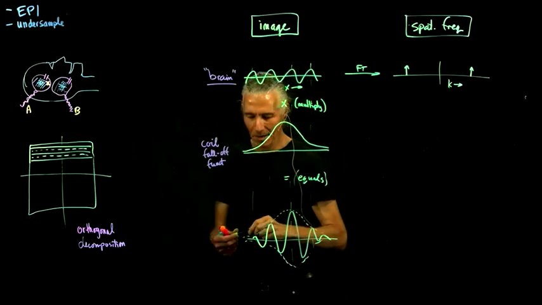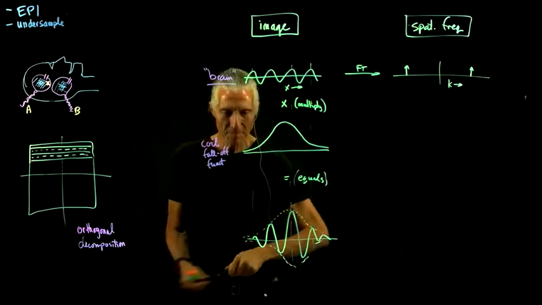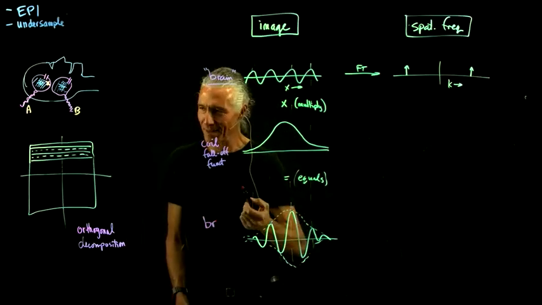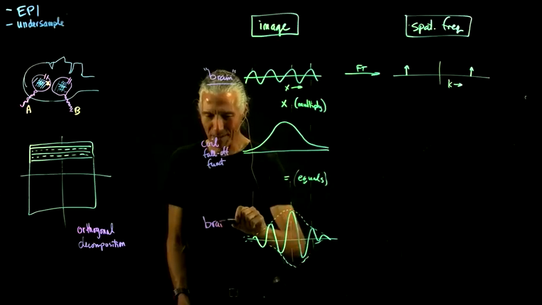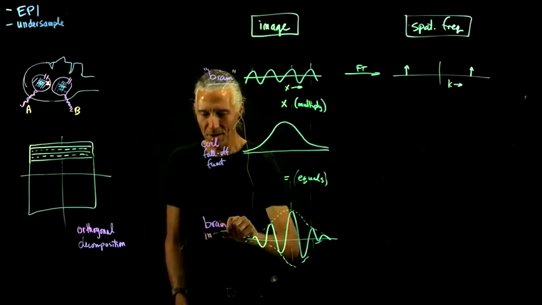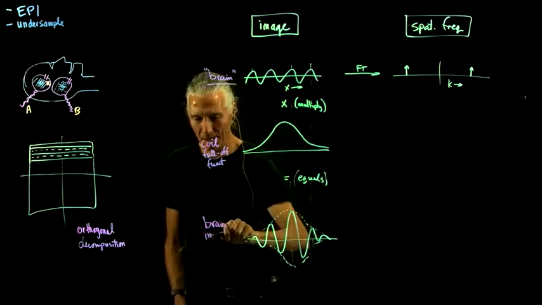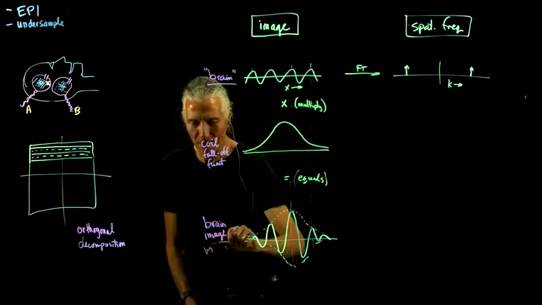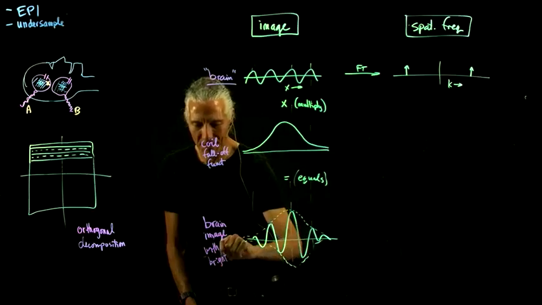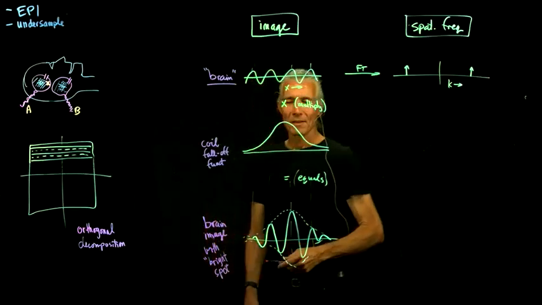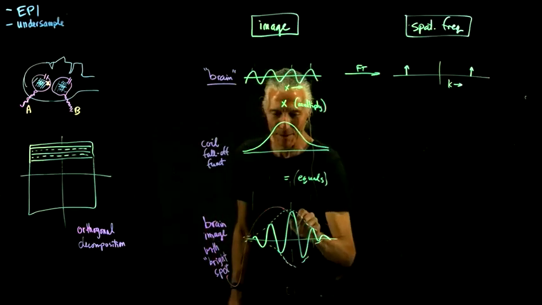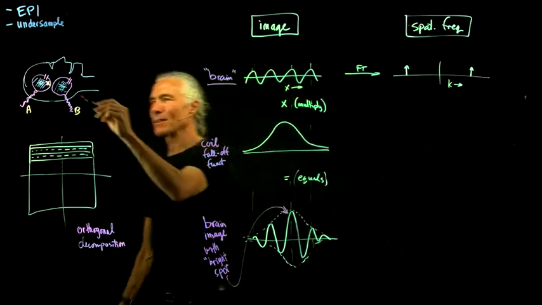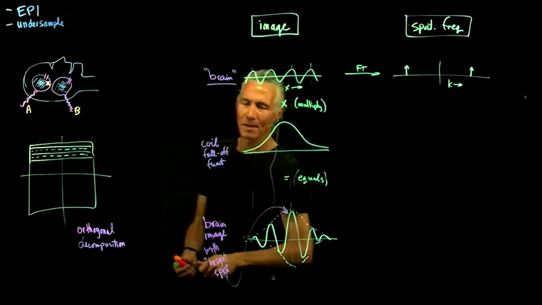Okay, so that's our brain image. It's not a very good brain, but it's only got one frequency in it. It's our brain image with a bright spot. And where's the bright spot? Right in the middle of the coil.